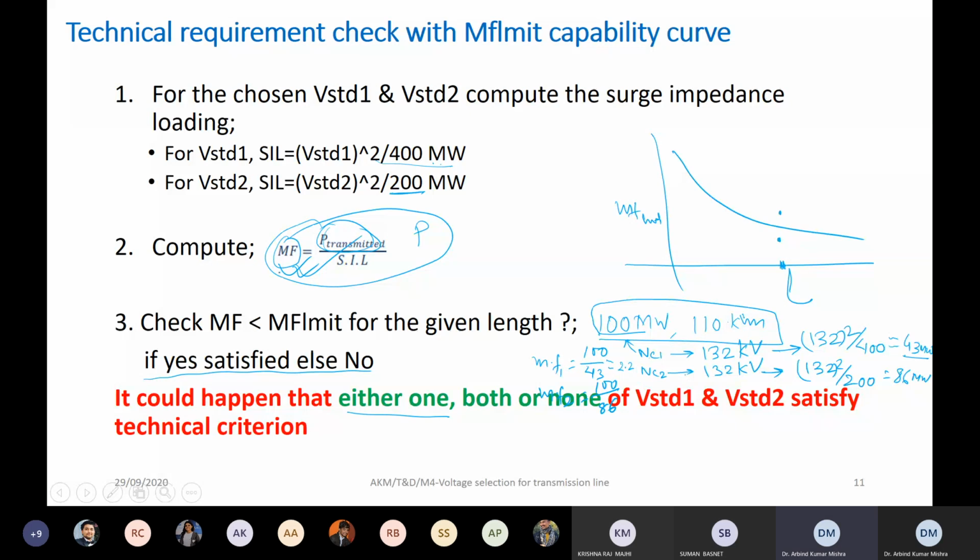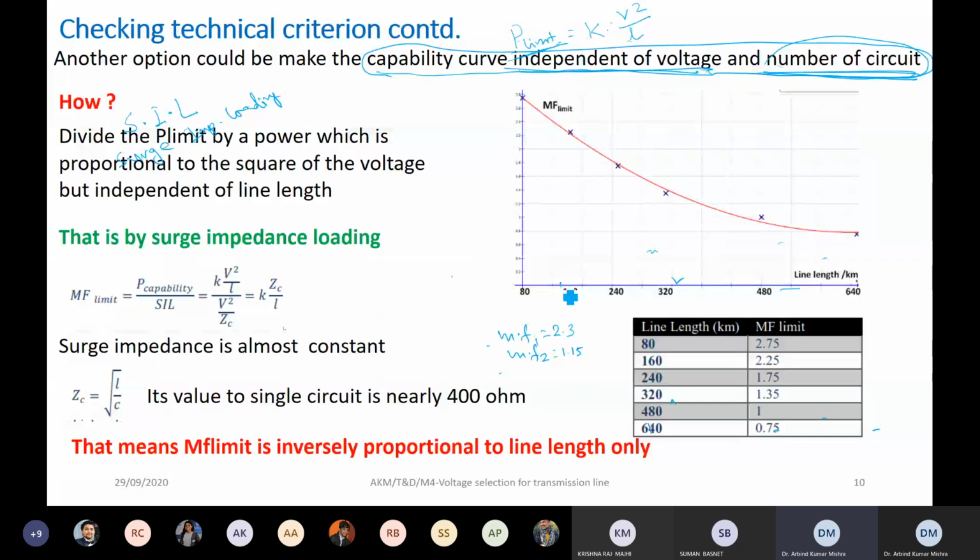from the curve, what was your MF1? In the previous case, MF1 was 2.3 and MF2 was 1.15. And I had said that our distance to be transmitted is somewhere around 110 kilometers. So for the single circuit case, MF is 2.3, somewhere between 2.2 and 2.4.